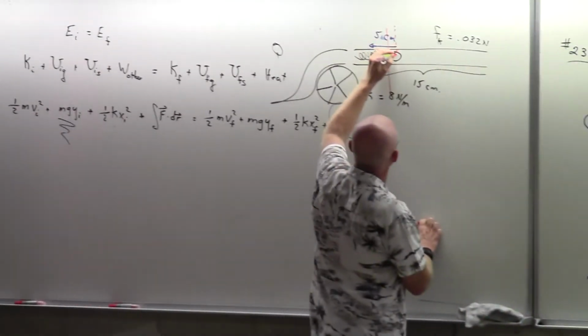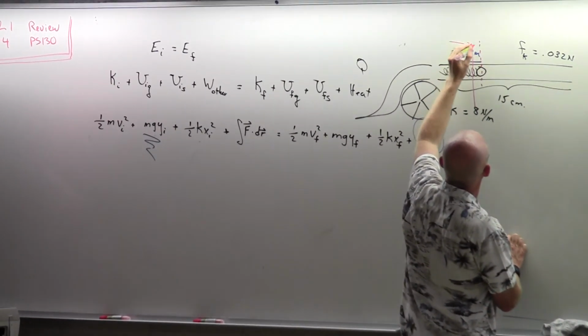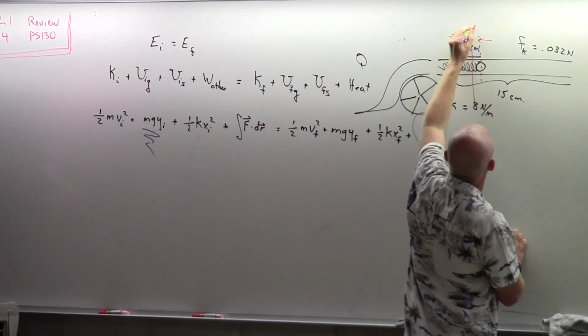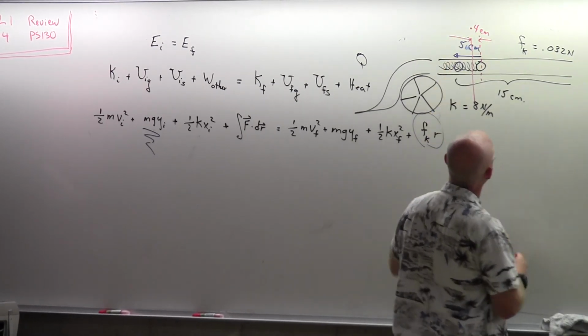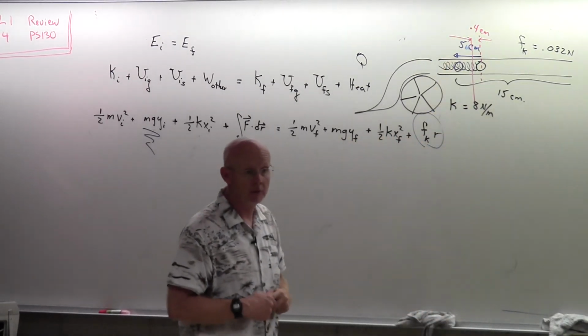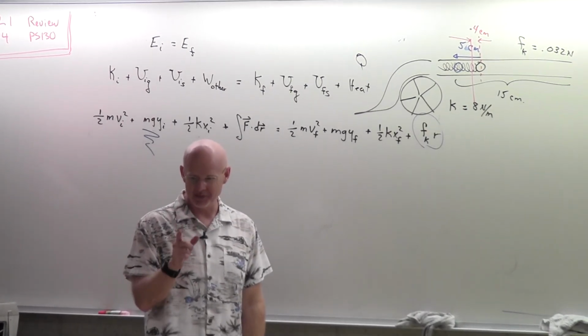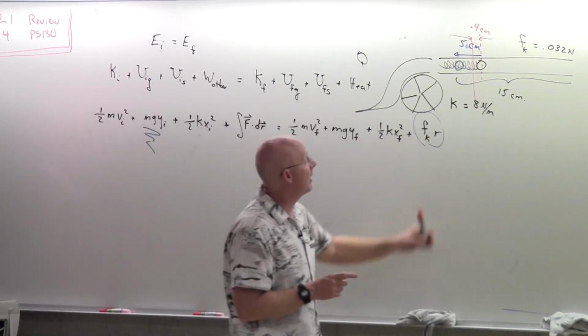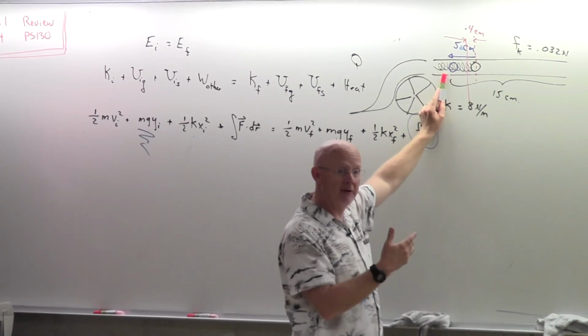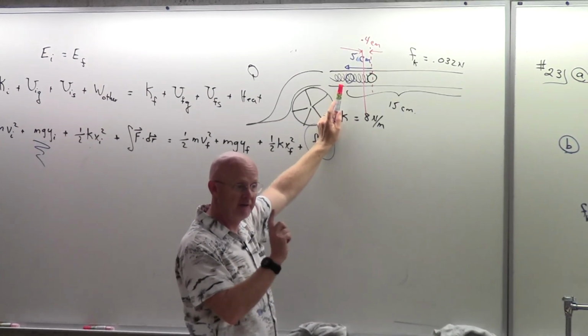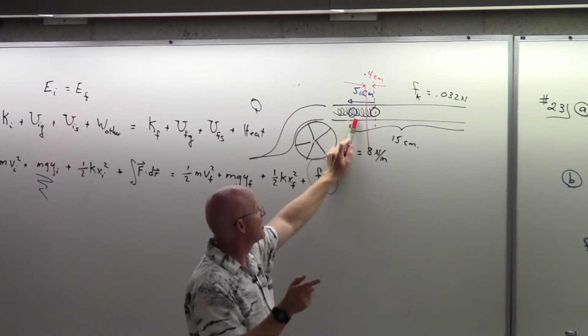This distance right there is 0.4 centimeters. And that is the point that the ball has its maximum speed. Everywhere back here, the force from the spring is more than friction, and therefore it goes faster, faster, faster, faster, faster.